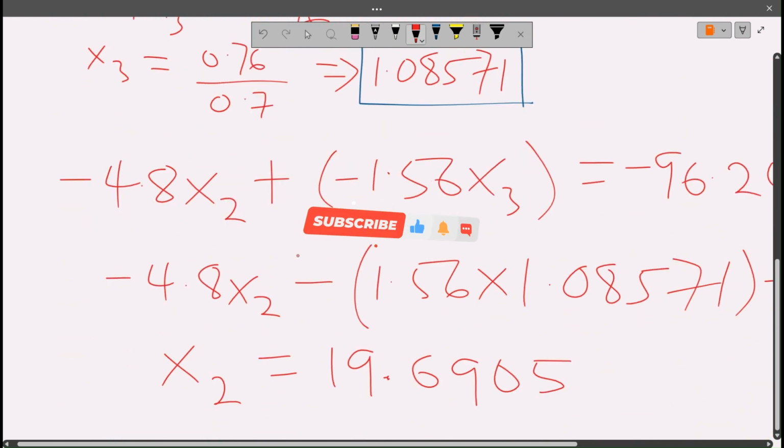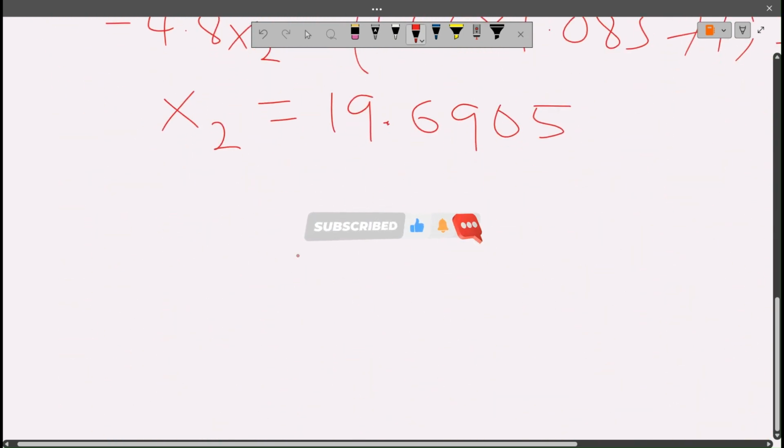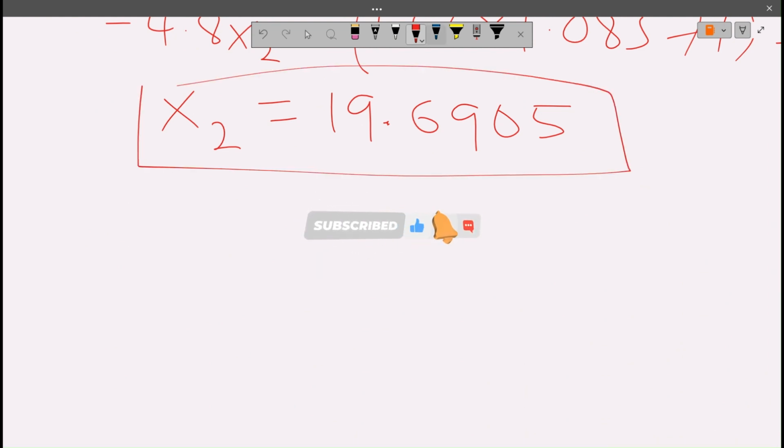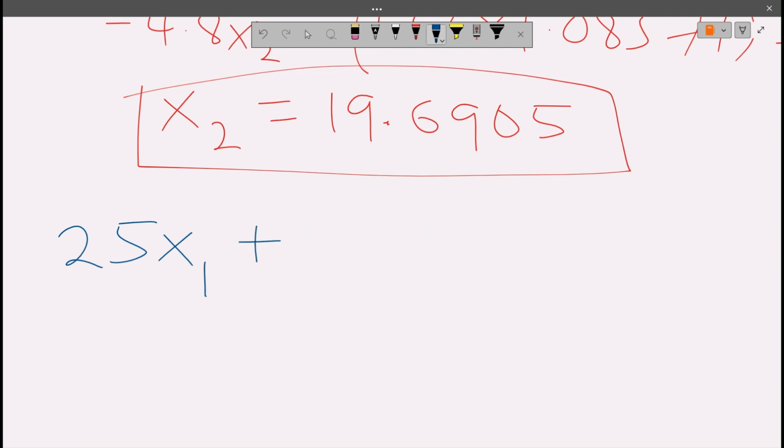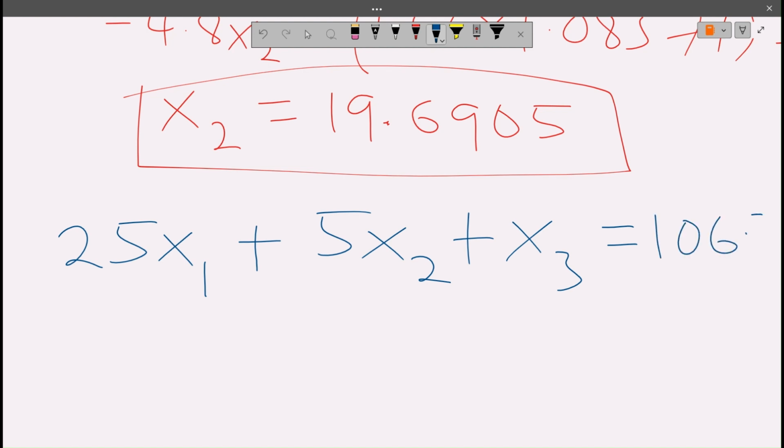Now we have 25 S1 plus 5 S2 plus S3 equal to 106.8. Since we know S2 and S3, let's put them into this equation.